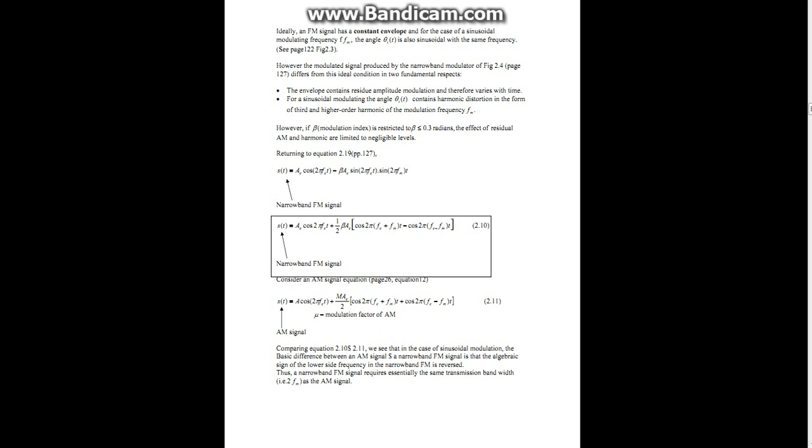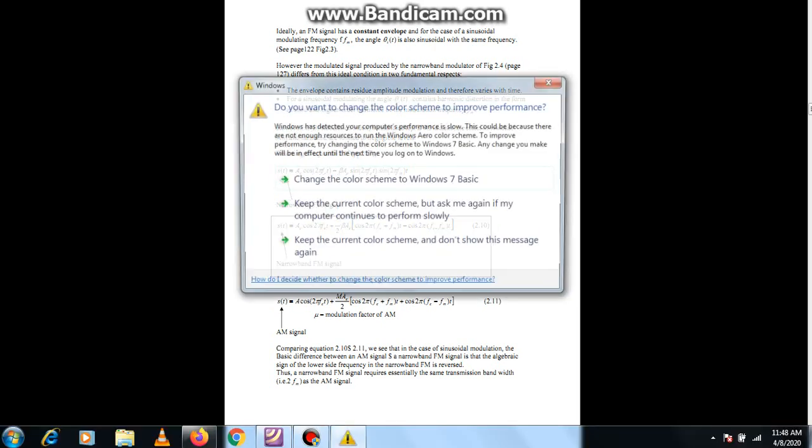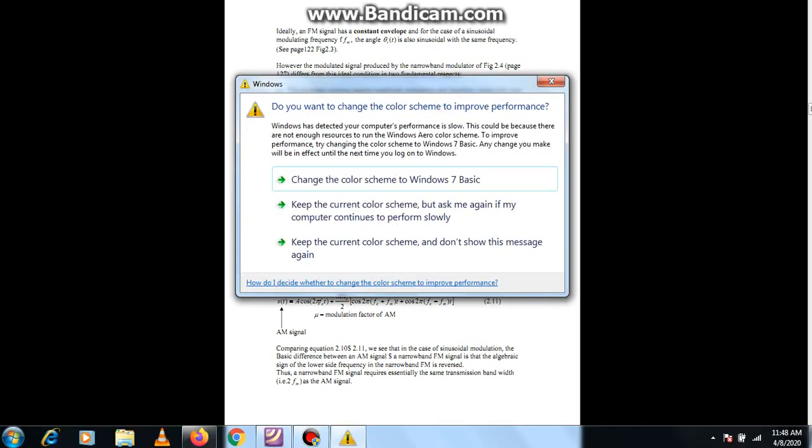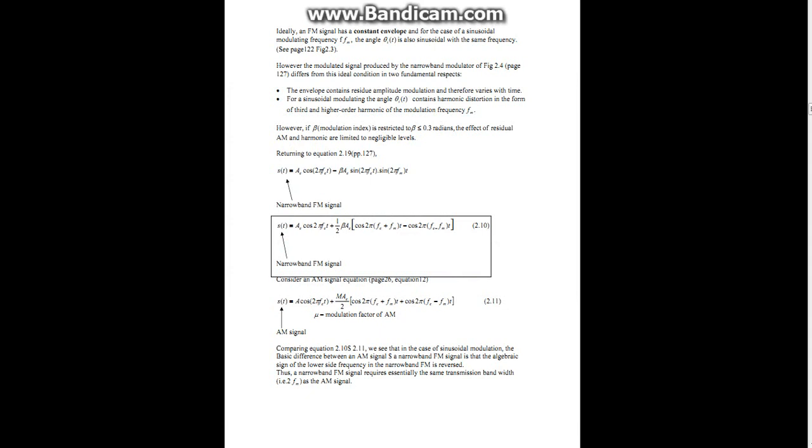If we compare this with the equation of conventional amplitude modulation, the only difference is that a minus sign is put in the lower sideband frequency of narrowband FM. Thus we can say the narrowband FM signal requires essentially the same bandwidth as amplitude modulation.